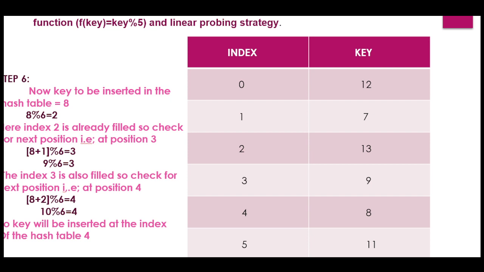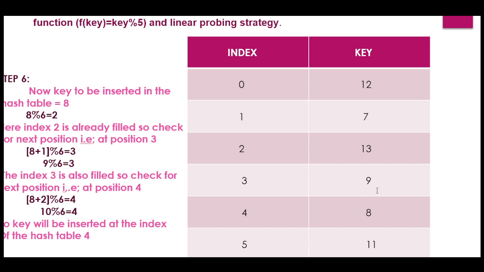So the next position can be checked. 8 plus 1 mod 6 is 3, since 9 mod 6 is 3. Here index 3 is also filled, so check for the next position.